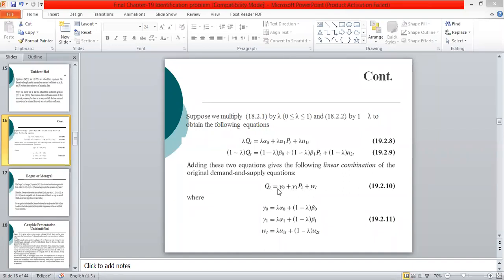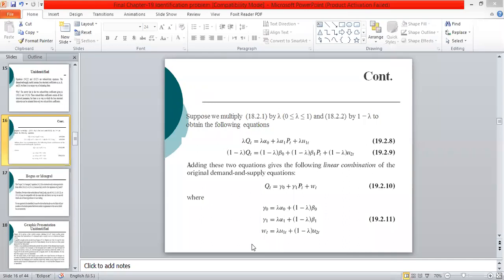Both these equations are consistent with the data set on quantity and prices. So both the equations are the same. So it means the demand equation is indistinguishable from the bogus equation. So it means the demand equation is unidentified.